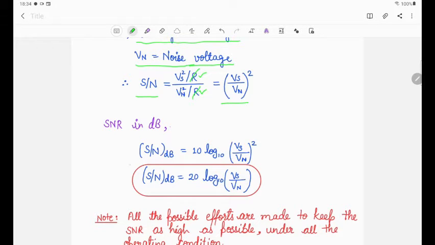And in dB, what can we write? Signal to noise ratio in dB will be equal to 10 log 10 (Vs by Vn) to the power 2, that is (Vs by Vn) whole square. Or you can write signal to noise ratio in dB is equal to 20 log base 10 Vs by Vn, where Vs is the signal voltage and Vn is the noise voltage.